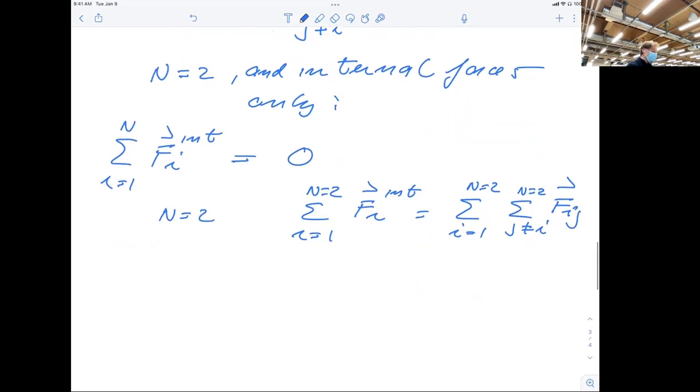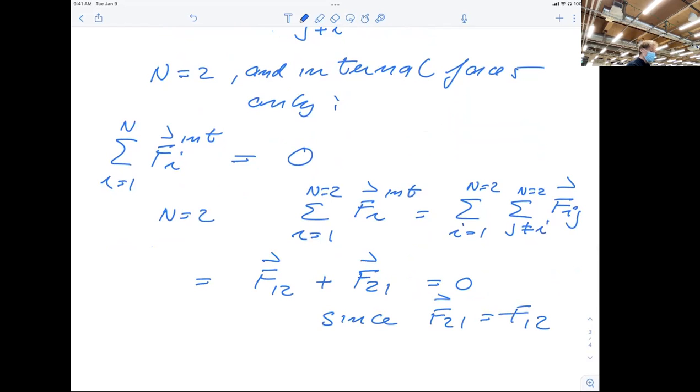So for this specific case, this simply ends up being F_12, the force from object 2 on object 1, plus F_21, the force from object 1 acting on object 2. And then since we could invoke Newton's third law, this is equal to 0. And this simply states that F_21 is equal to F_12, but with a negative sign in front of it.